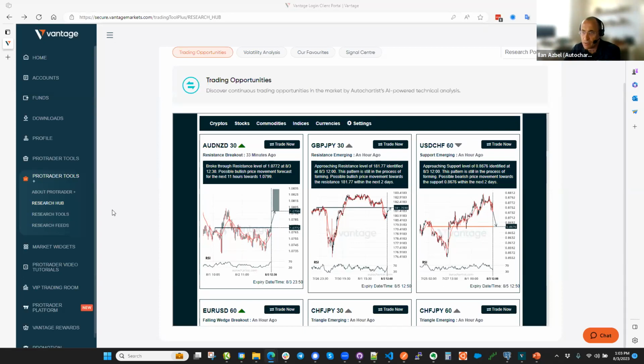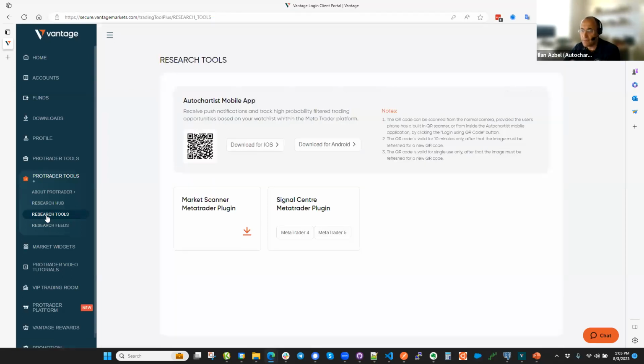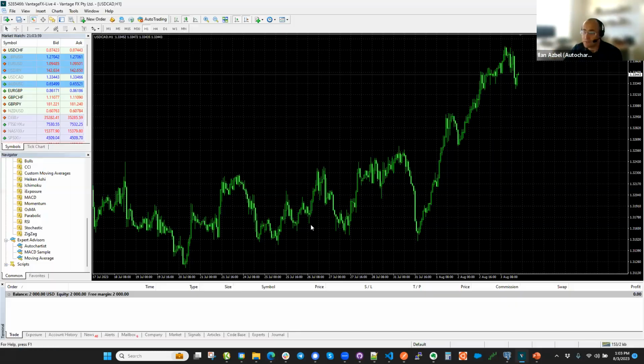So in today's webinar, we'll also be spending a bit of time inside MetaTrader. If you haven't done so already, click on this research tools section under Trader Tools Plus and download the market scanner MetaTrader plugin. If you download that and install it in your MetaTrader, you will end up with a little AutoChartist expert advisor in your MetaTrader.